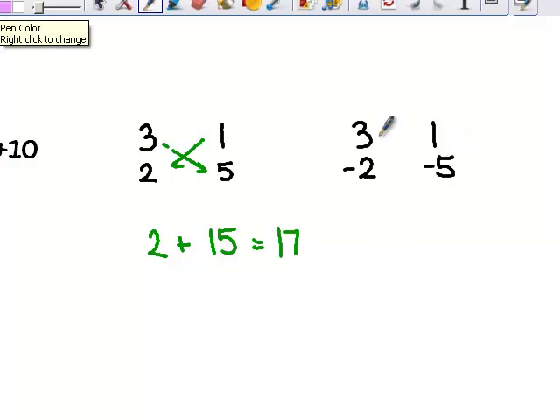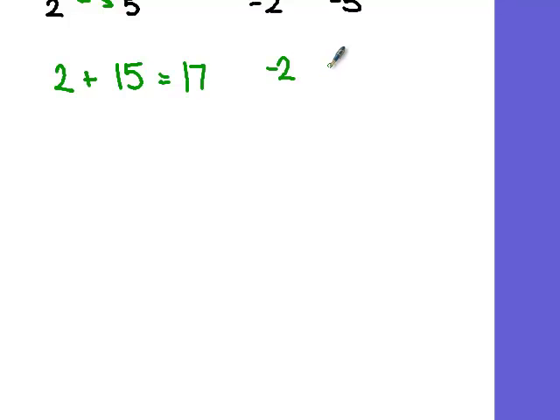Again, cross multiply. So we have negative 2. 3 times negative 5 is negative 15. If you add these together, we do end up getting negative 17, which is the middle term. Okay, so we finally found the factors that we need, but it's a little different to set them up.